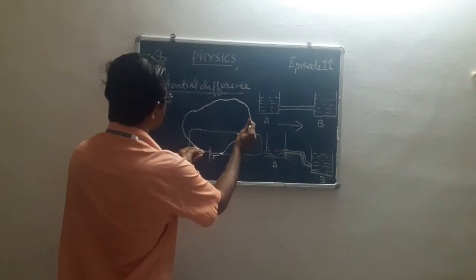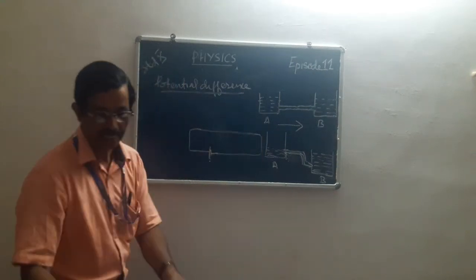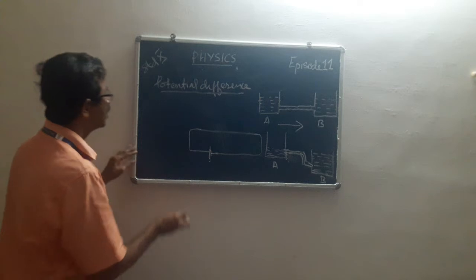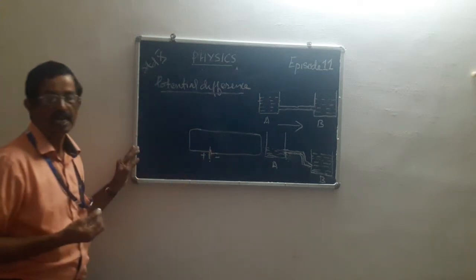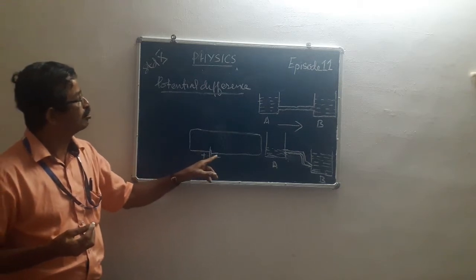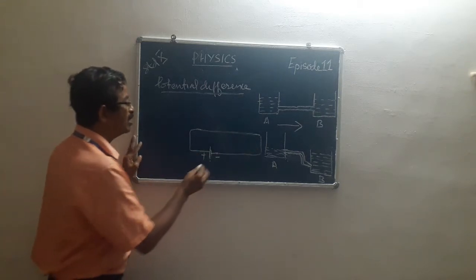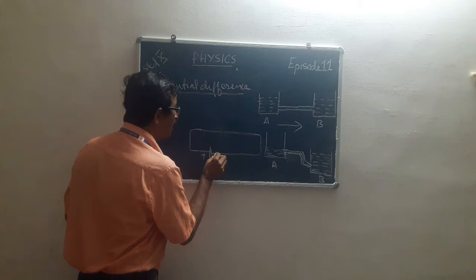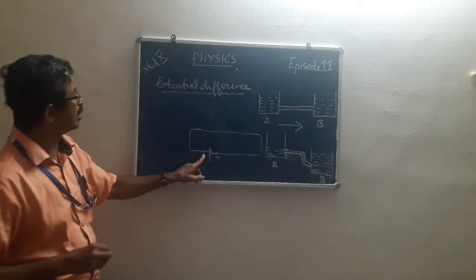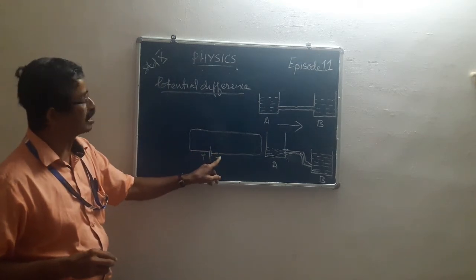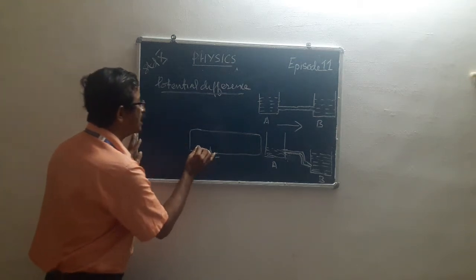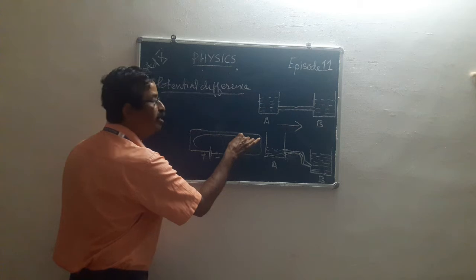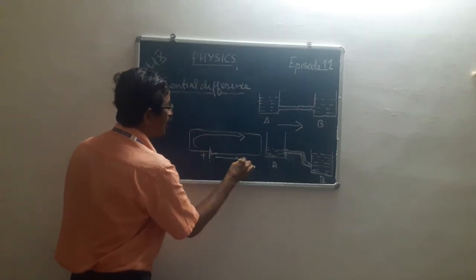When we connect this conductor to a cell, that means here the potential is more, here the potential is less. So the electron starts to move from the lower to the higher potential region, because actually the direction of current is this one, but electron flow is this way.